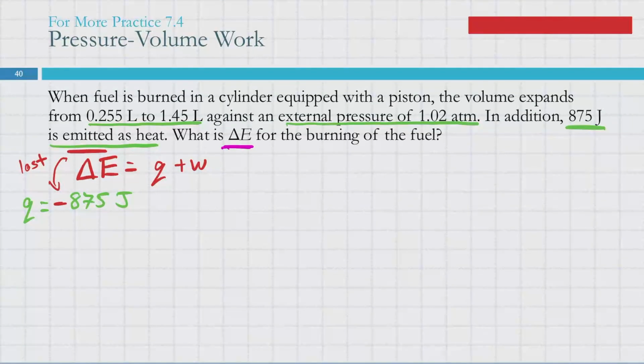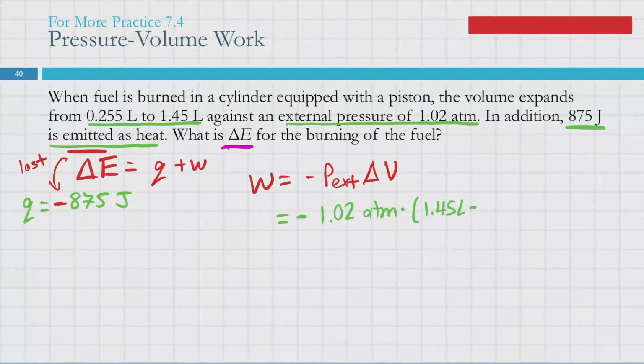And then we can calculate with our change in volume and our external pressure what our work is. So we're going to find work. It's negative PEXT delta V. So negative 1.02 atmospheres times final volume minus initial volume. So 1.45 liters minus 0.255 liters.